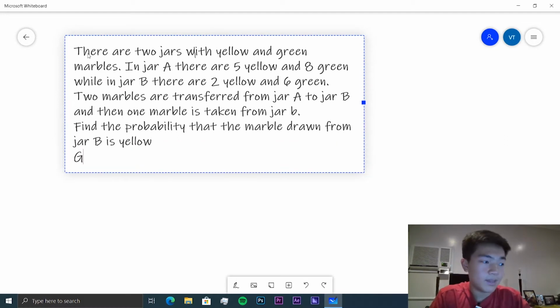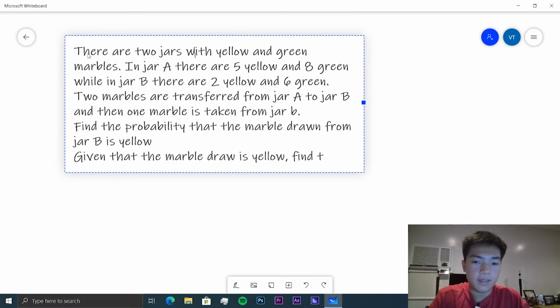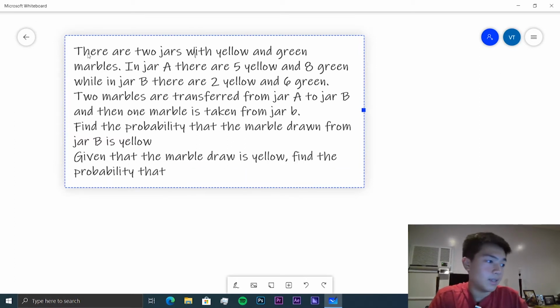And then, given that the marble drawn is yellow, find the probability that it was originally from jar A.